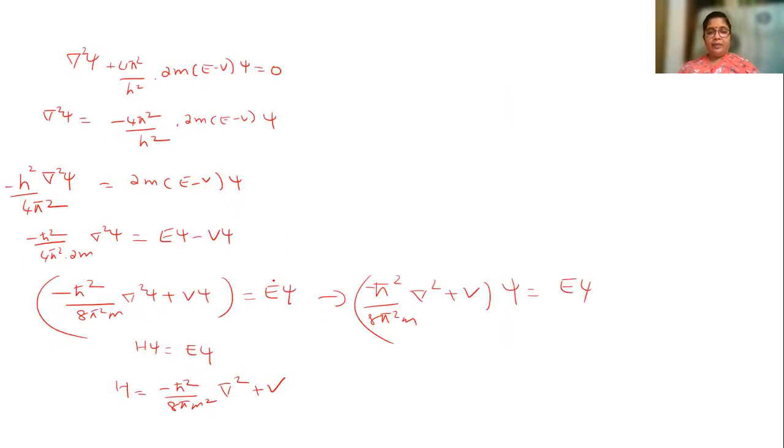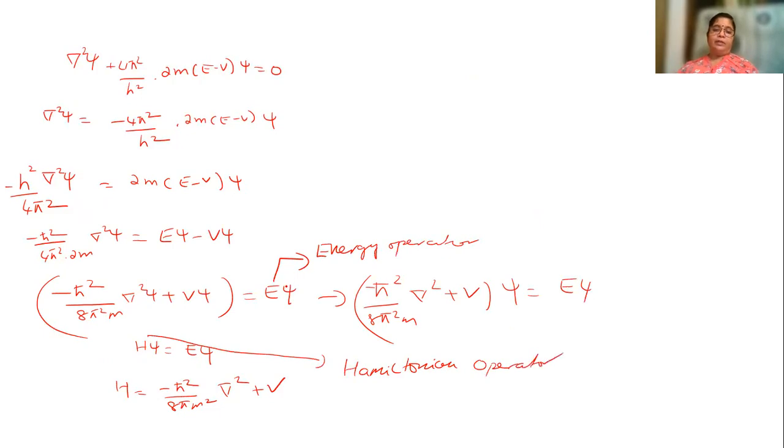And here, E is known as the energy operator. And this H is known as the Hamiltonian operator, and this is Schrodinger's time dependent wave equation.